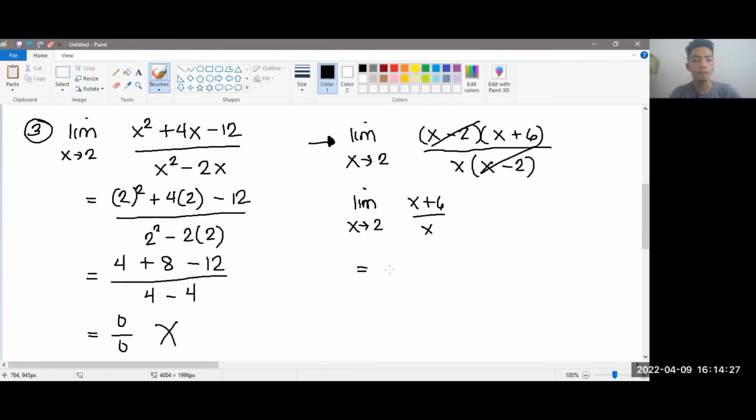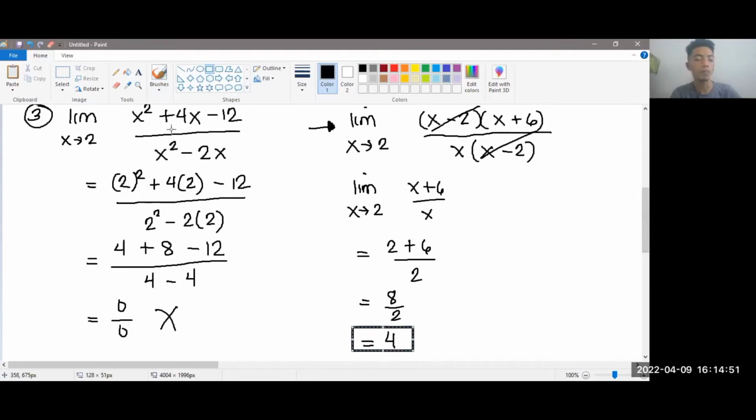So we have (2 + 6) over 2. So by solving, I have 2 plus 6, that is 8, divided by 2, and the result will be 4. So I can say that the limit of this given rational expression is 4.